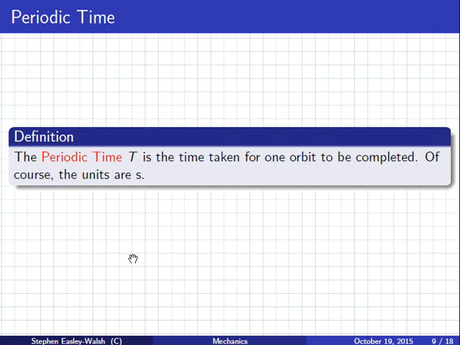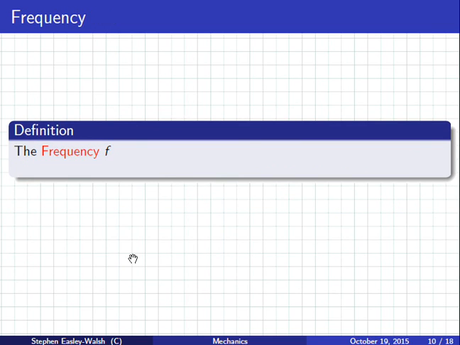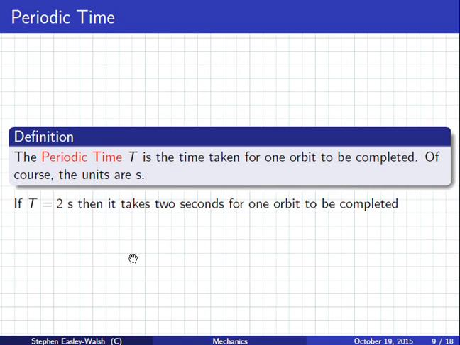It's time. If T equals 2, then it takes 2 seconds, so it'll be like this fast. 1, 2. Periodic time equals time for 1 loop.